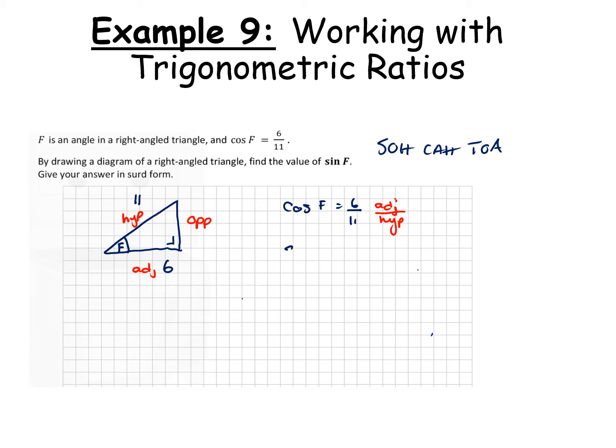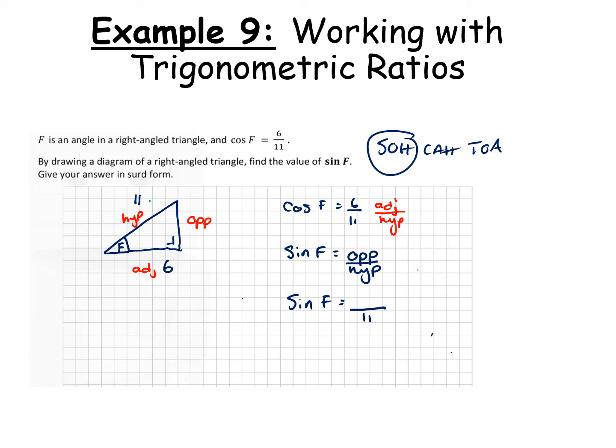So if we wanted to work with sine of f, the formula from up here is opposite over hypotenuse. Now the problem is, at this point I could fill in the hypotenuse is 11, but I don't actually know the opposite. So I'm going to have to work out the opposite side here.